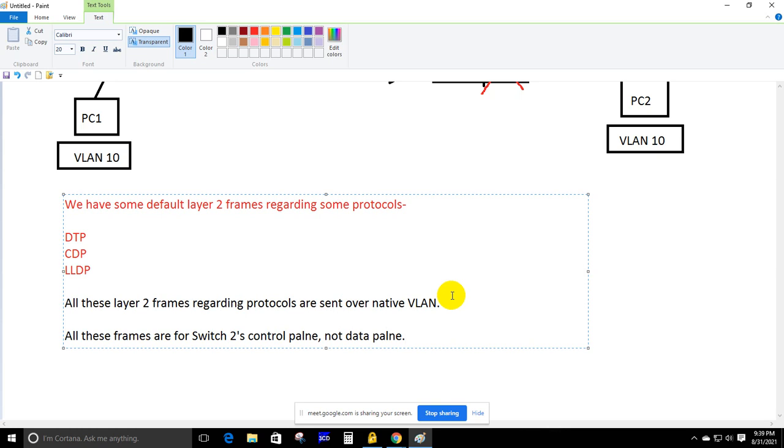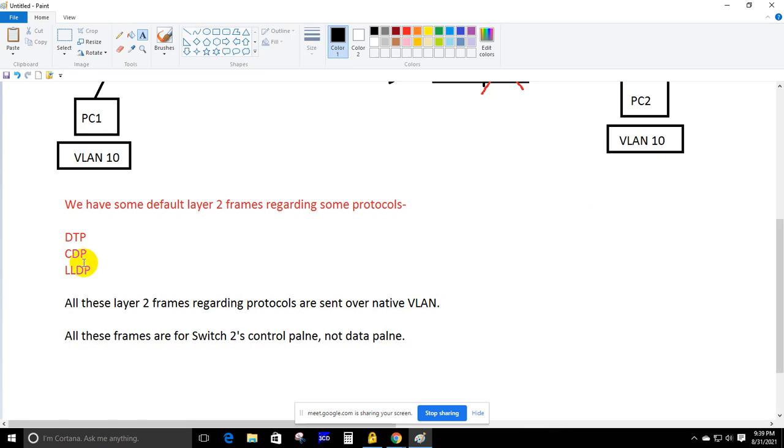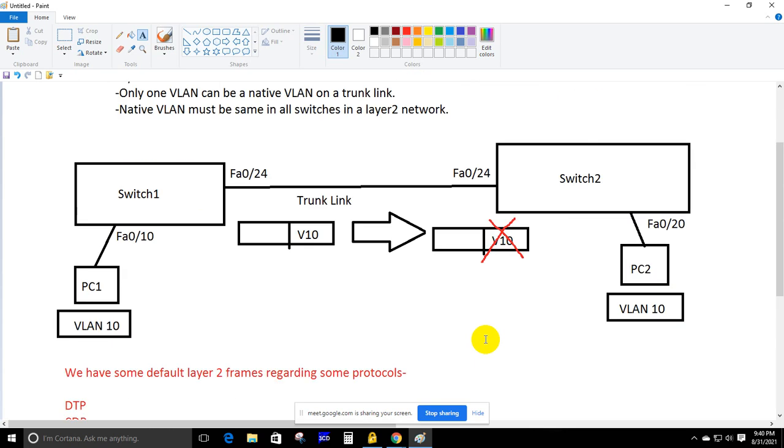Switch 1 sends all these DTP, CDP, LLDP frames to switch 2 itself. Is it clear?